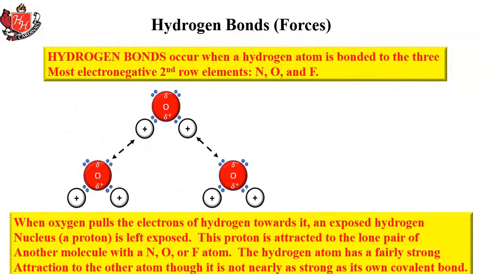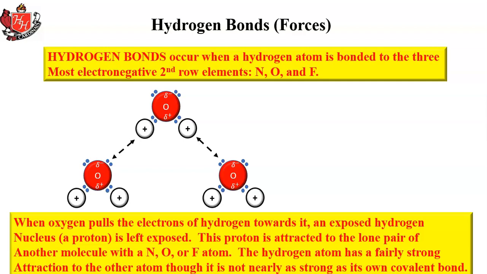All right, hydrogen bonds. Hydrogen bonds occur when a hydrogen atom is bonded to the three most electronegative second row elements. In fact, they're the three most electronegative elements on the periodic table: nitrogen, oxygen, and fluorine. So hydrogen bonds can only happen when you have a hydrogen attached to either a nitrogen, an oxygen, or a fluorine.